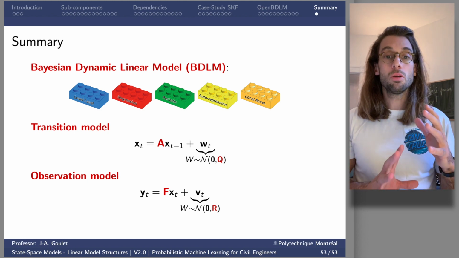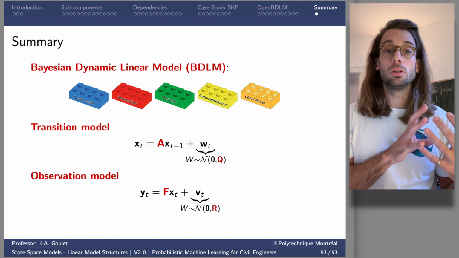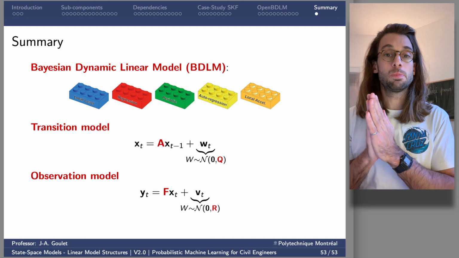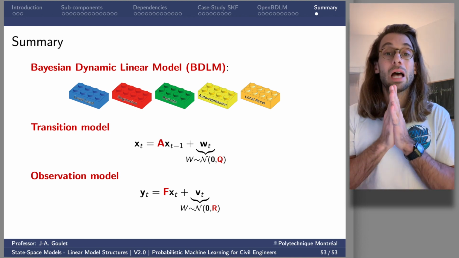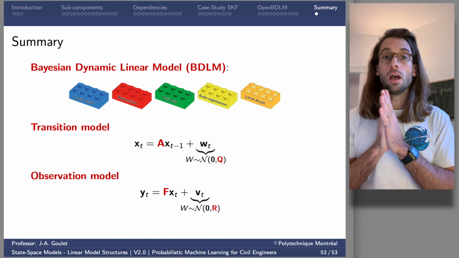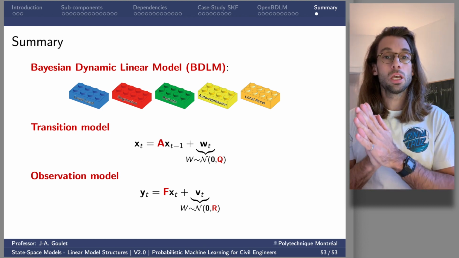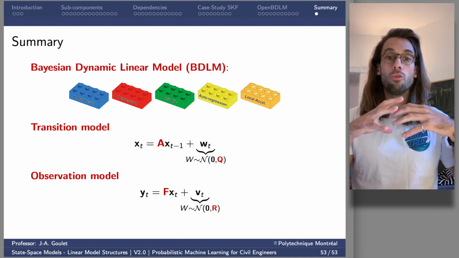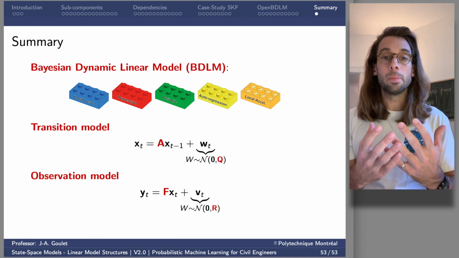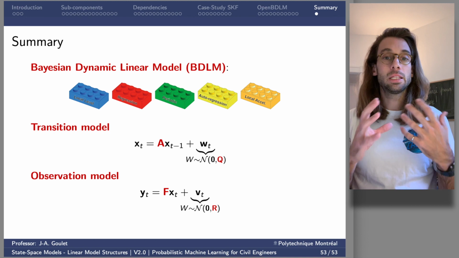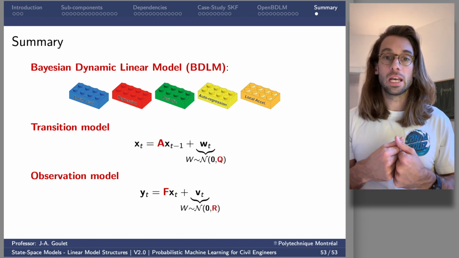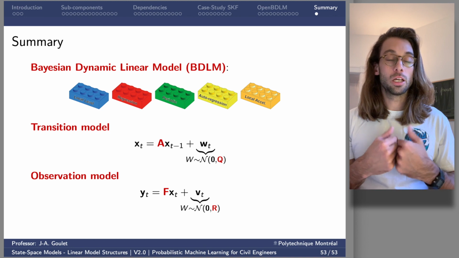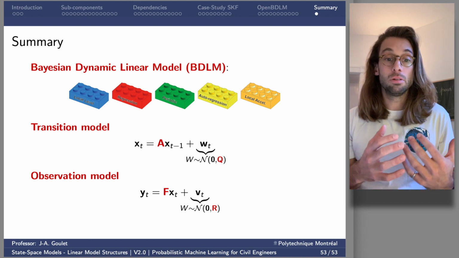So in summary, we've already seen in the previous module the core theory of state space models. Now what we've seen in this module is how we can build linear model structures in order to build a vast variety of models that can adapt to pretty much any time series behavior you can encounter in the context of time series analysis.